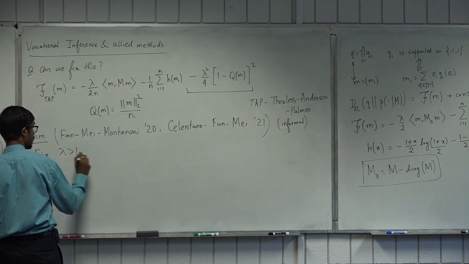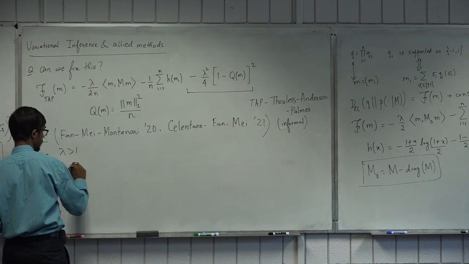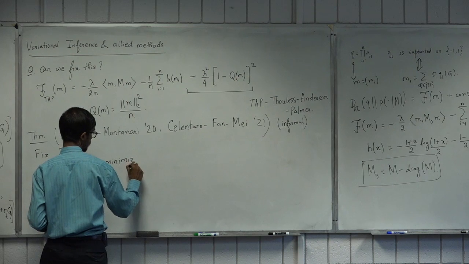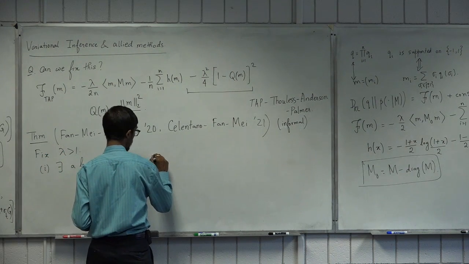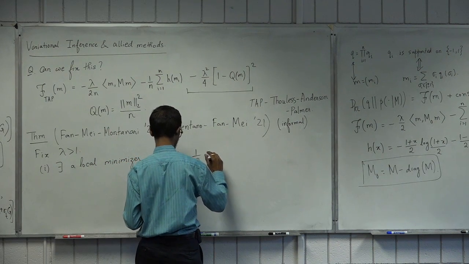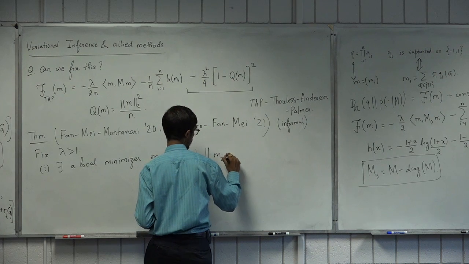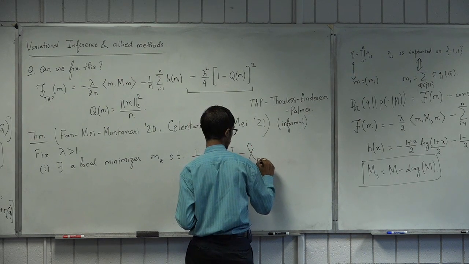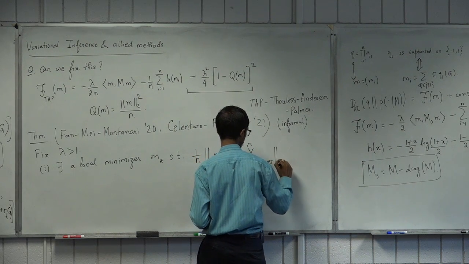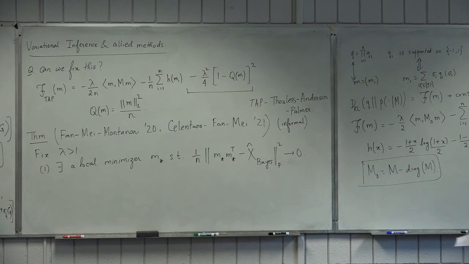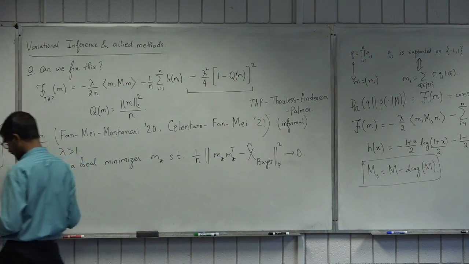Then there exists a local minimizer m star such that 1 over n m star m star transpose minus x hat Bayes is small. Okay. So you're basically calculating the Bayes optimal estimator if you can get to this minimizer.